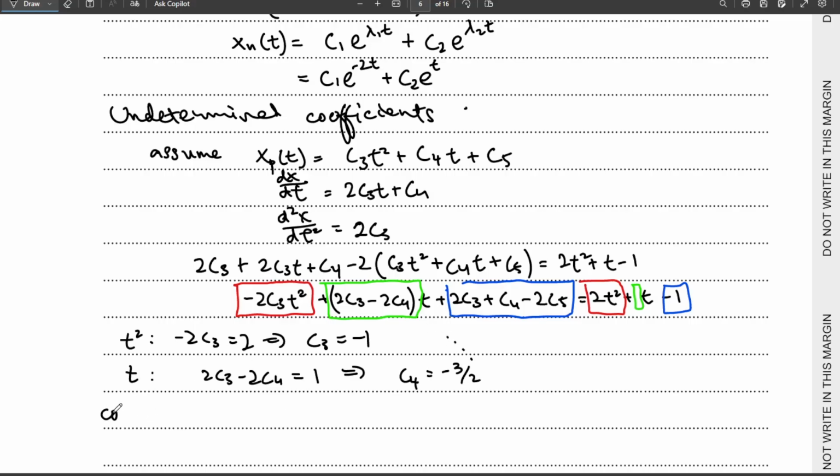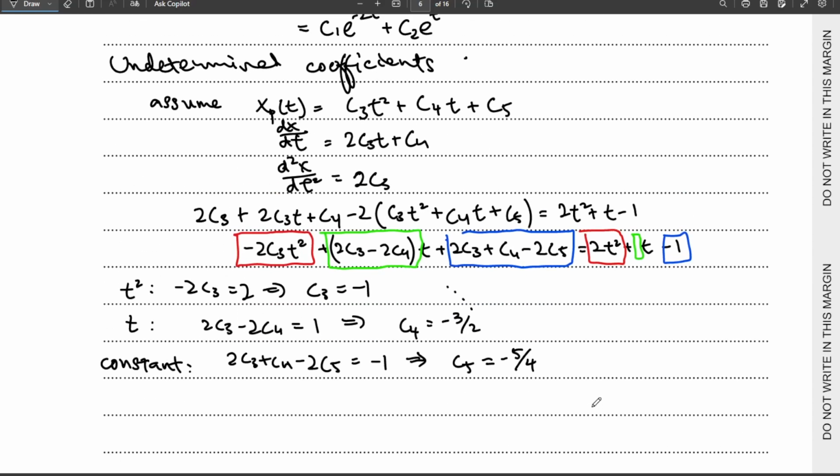Now finally, for the constant term, we have all three constants involved on the left hand side, and equals negative 1 on the right hand side. So c5, after substituting c3 and c4, you should be able to get negative 5 over 4.